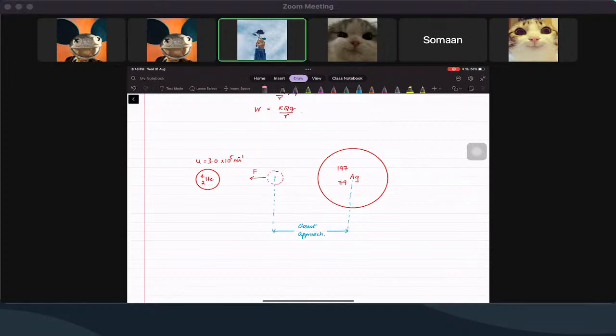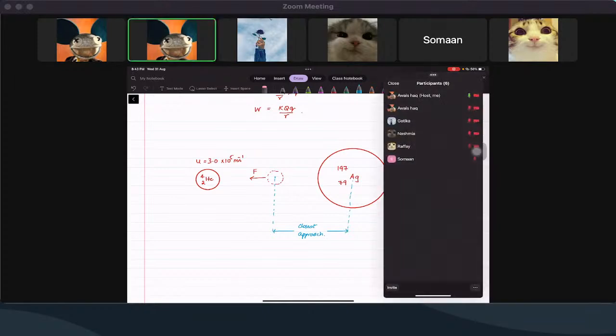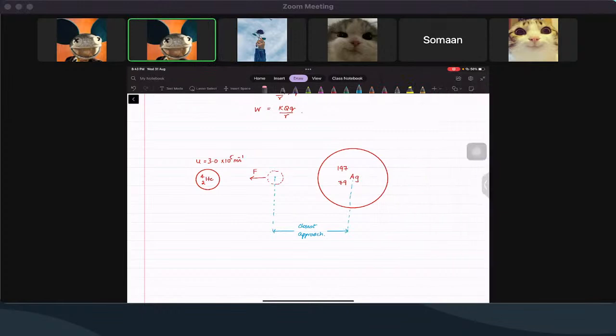If positive repels positive, then when you throw it towards the gold nucleus, it is going to retard, it's going to slow down, right? And there will be a point where, because of that retarding force, it will stop, right? So the closest approach means how close it gets to the other nucleus, right? Is it clear?